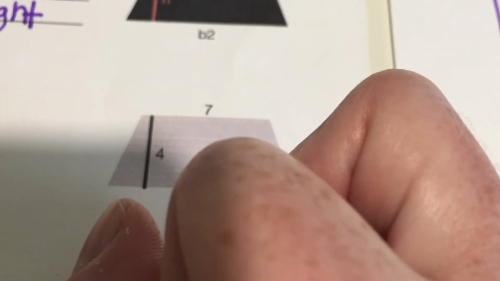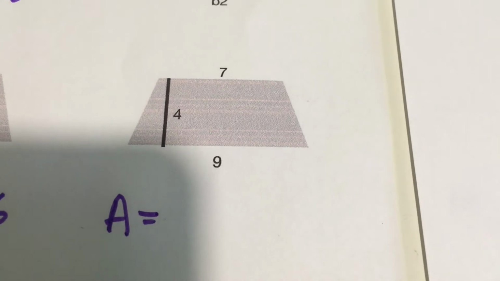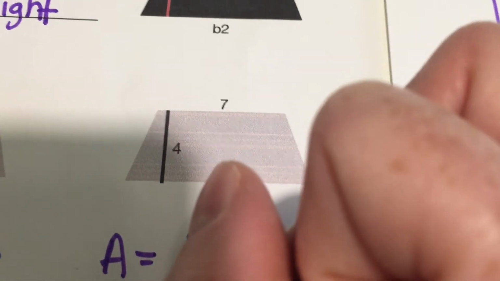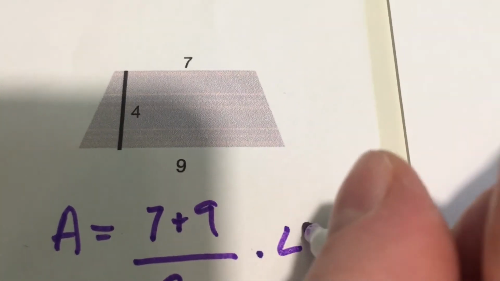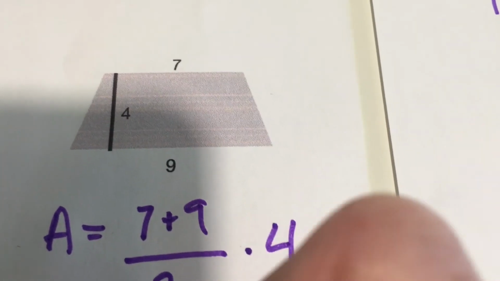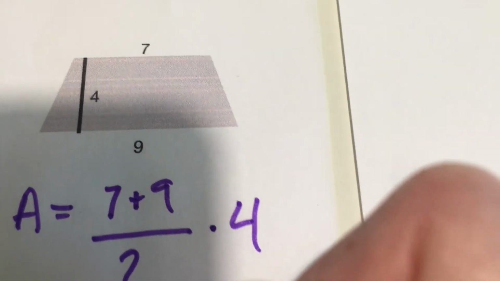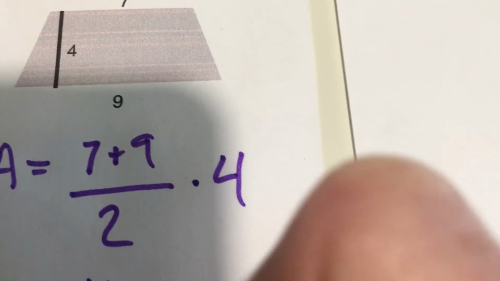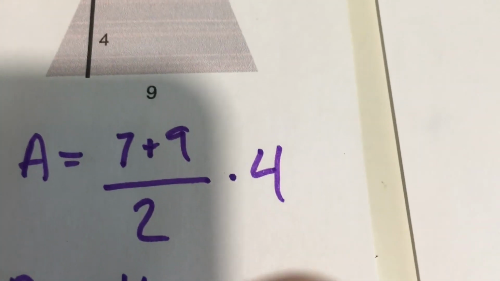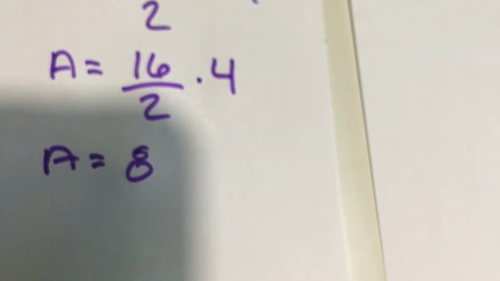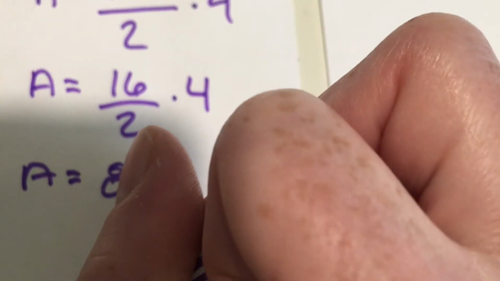And then our next one, we have our area is equal to 7 plus 9, base 1 and base 2. We'll divide that by 2 and times it by the height, which is 4. So area is equal to 16, 7 plus 9, over 2 times 4. And we know 16 divided by 2 is equal to 8. And we're going to times that by 4.